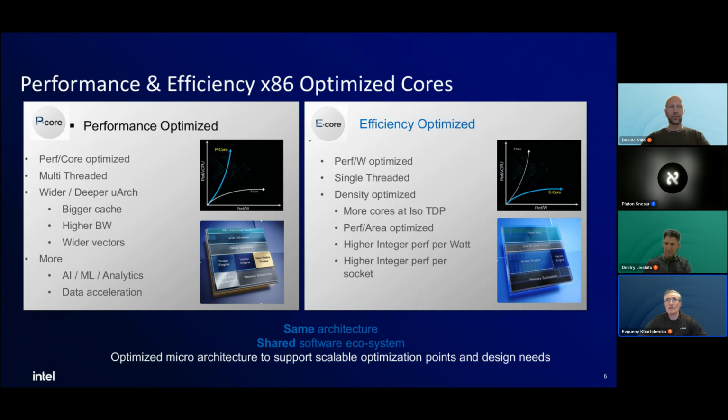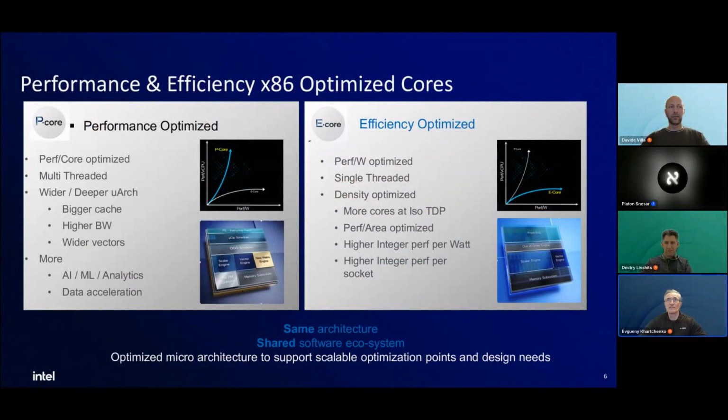And they are optimized for density, so for minimum rack space at necessary performance. And you can get more cores at the same TDP. One particular specific of this generation of E-cores is that they are focused on high integer performance, not floating point.